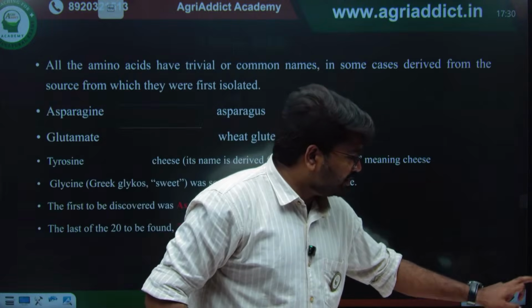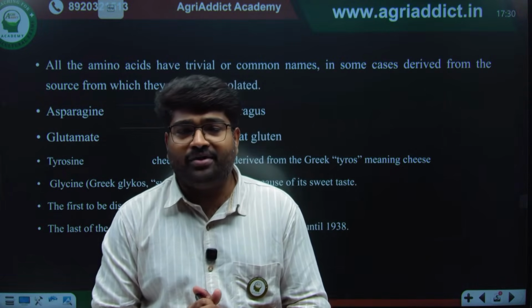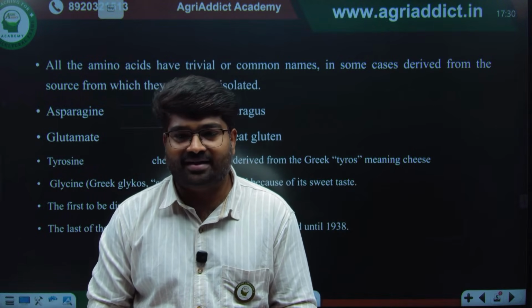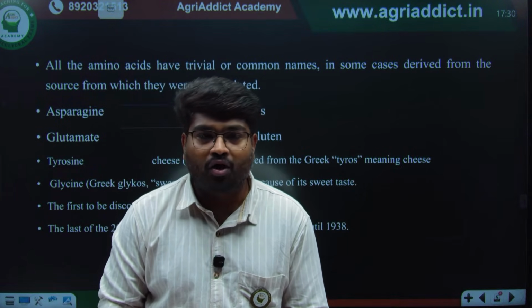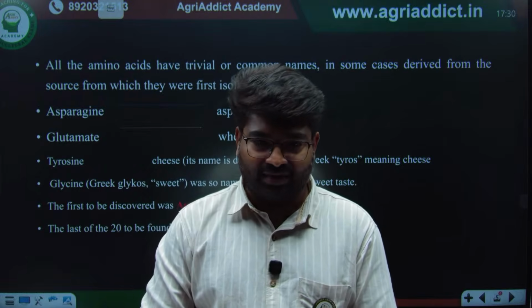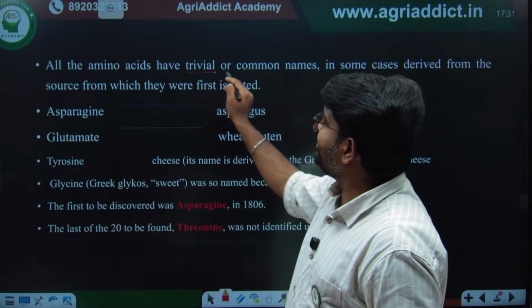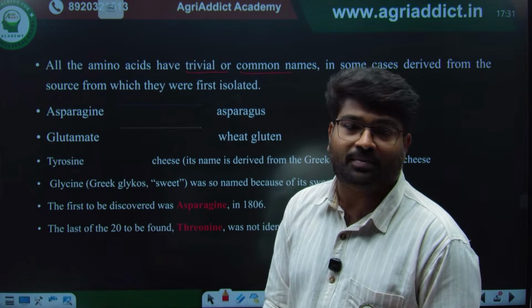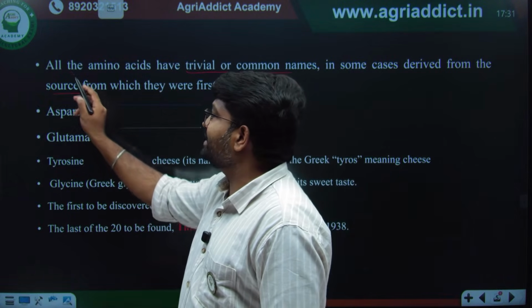Now we are going to see how the amino acids are named. We know there are different amino acids: glycine, alanine, valine, leucine, like that. On what basis have they been named? The trivial and common names of the amino acids were given based on the source from which they were isolated.